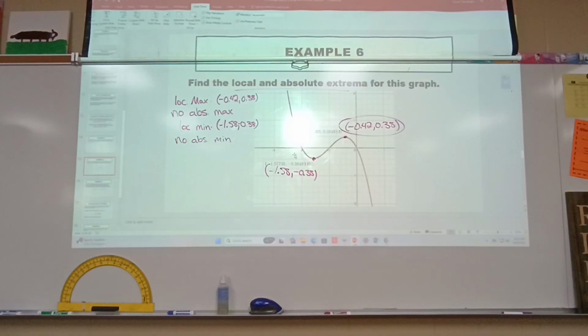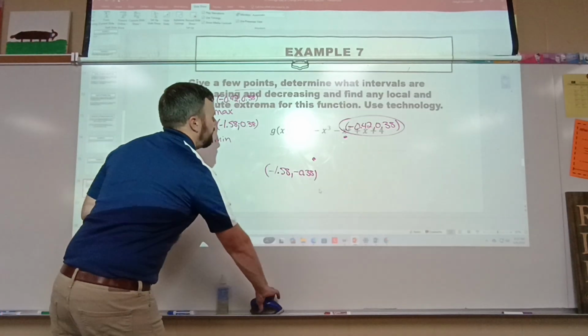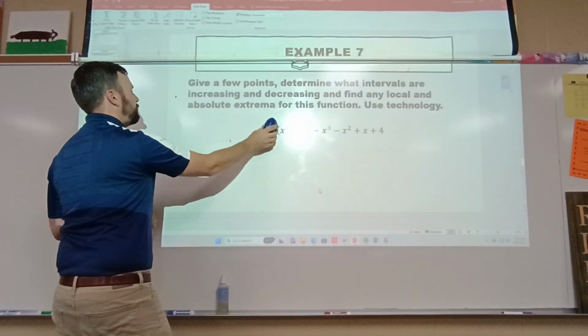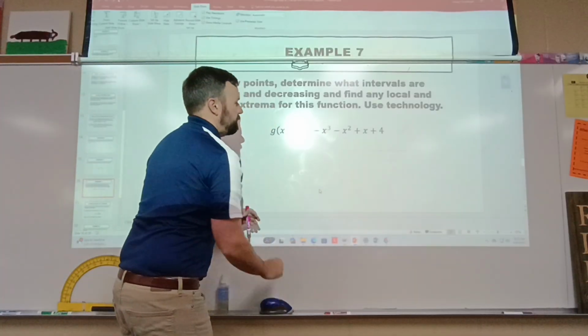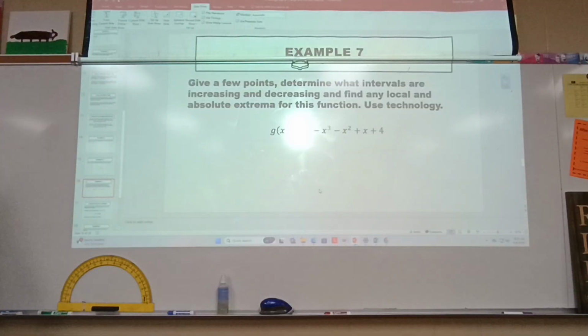Questions on that? So you need to look at the graph. What if you're given a function and they don't give you a graph? What should you do with that function? Graph it. You guys don't have the tools yet. So I'm not going to go through this one because it's a lot. If you want to watch it, you can. But the first thing I ever do, even when I taught AP pre-calc or calc, the first thing you do with any function that you cannot see, you graph it.